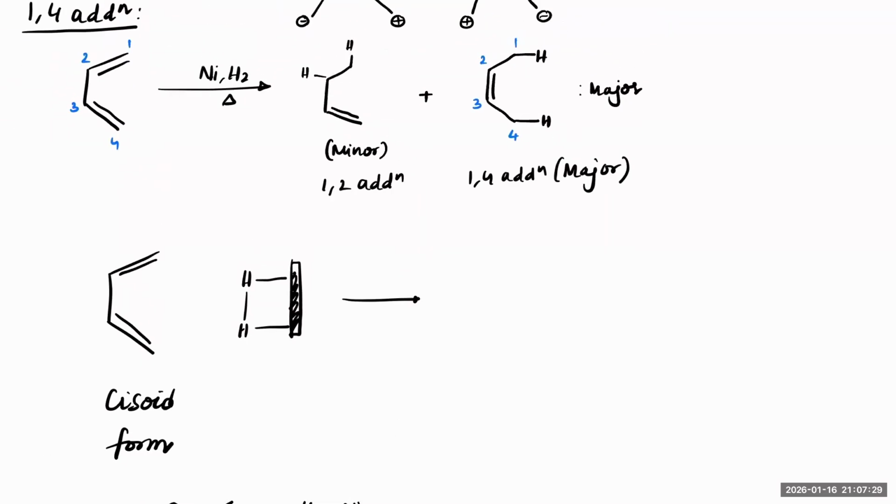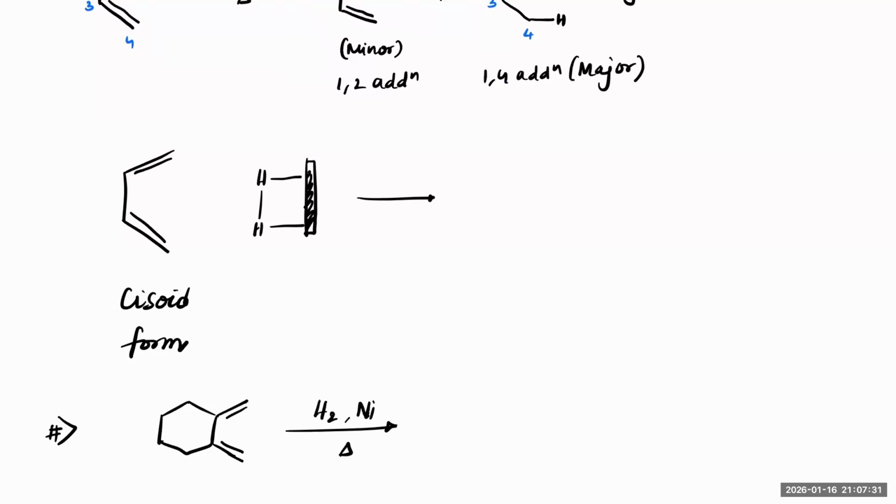Let me explain you why that will happen. First, of course, resonance will help getting this polarity on which hydrogens can get added. And if you notice this one, this pi bond, while it is attaching onto this hydrogen, this pi bond will move here, and then this hydrogen will attach here. On doing so, what is happening here is that you will notice a six-membered ring formation here, like this.